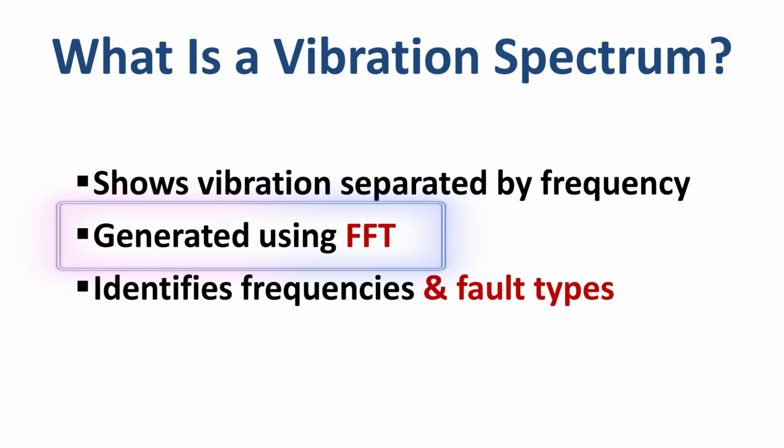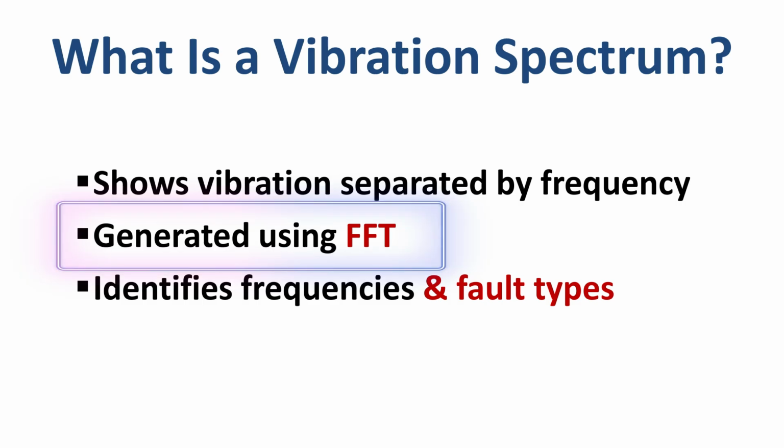Now what does the spectrum normally tell us? It tells us what frequencies are present in the particular machine, and which component is causing the high vibration. Let's say if the 1x is high, that means something is related to unbalance, or maybe something related to rigidity. If 4.2x is high, that means it's something related to a bearing fault.